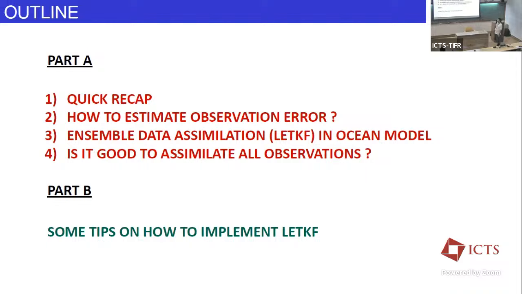And then I'm not sure whether anybody has told you how to estimate observation error. So when you write that cost function, by now I'm assuming that you have a very good idea of that Kalman filter cost function. So in the Kalman filter cost functions, there are two variables.